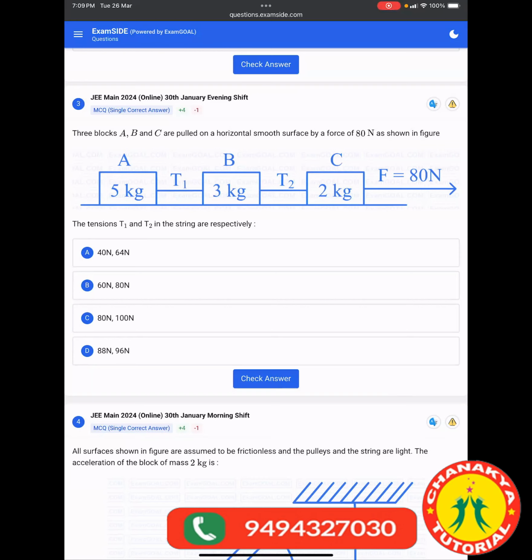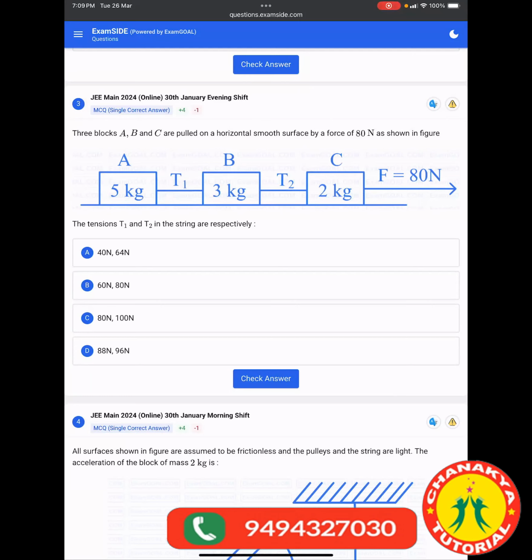Everyone tell me one equation. First, Shreyuta, tell me what will be the equation for 2 kg. Tell me the force-acceleration relation. What is the supporting force for 2 kg? 80 Newton.